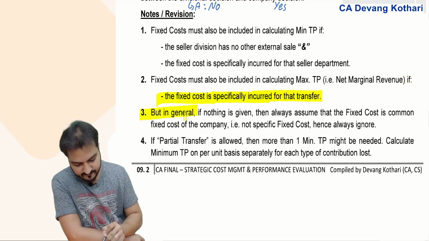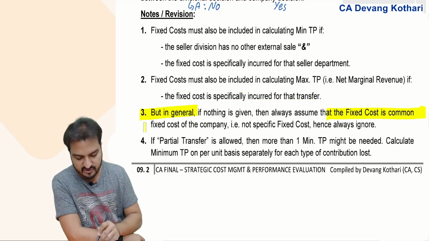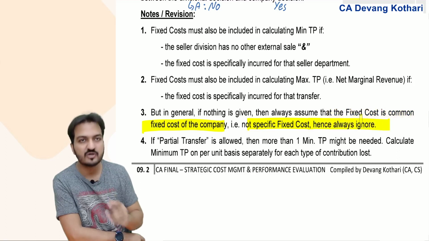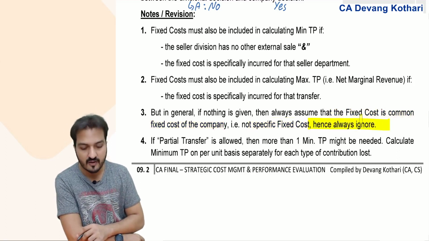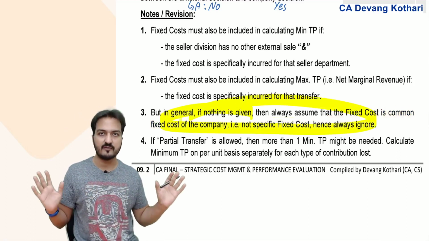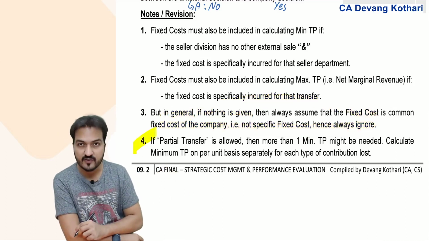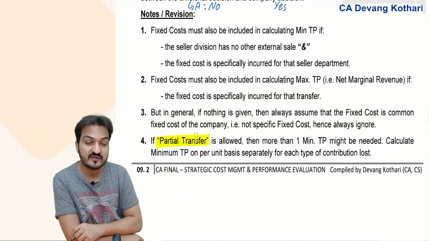But in general, fixed cost is always assumed to be common fixed cost of the company. It is not specific due to the transfer, hence fixed cost is always ignored. In class, whatever questions we did, we always ignored the fixed cost, assuming that fixed cost is common to the company. Done? Okay.